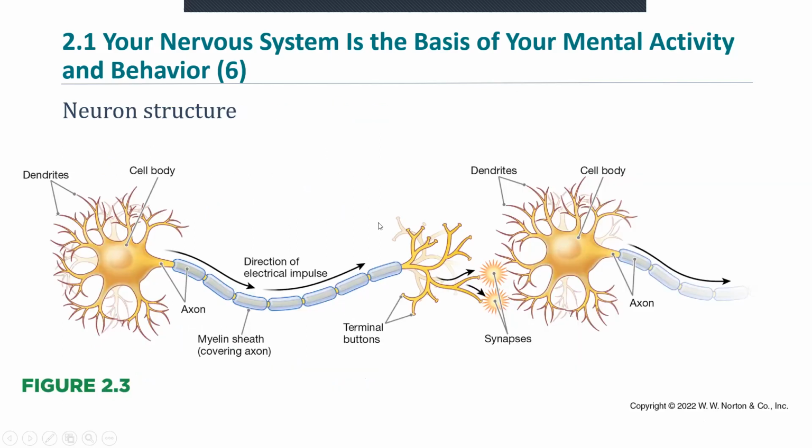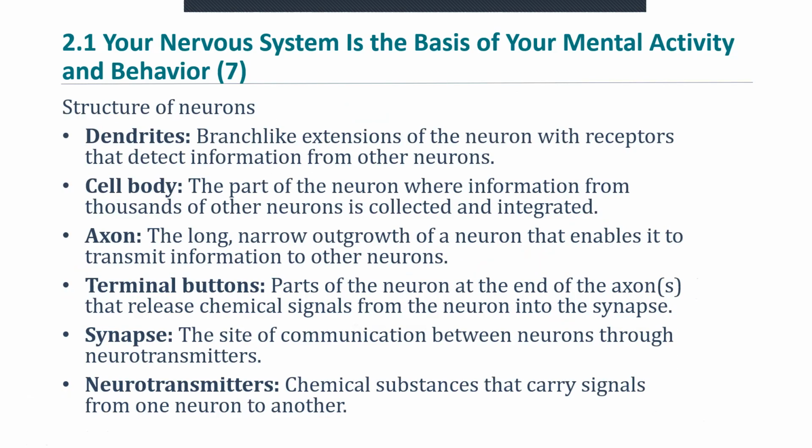Here's a nice picture of a neuron. We see a full neuron on the left, half a neuron on the right. I'm going to be using this picture to talk about different parts of the neurons. Let me just go ahead one slide. There's a lot of definitions here.